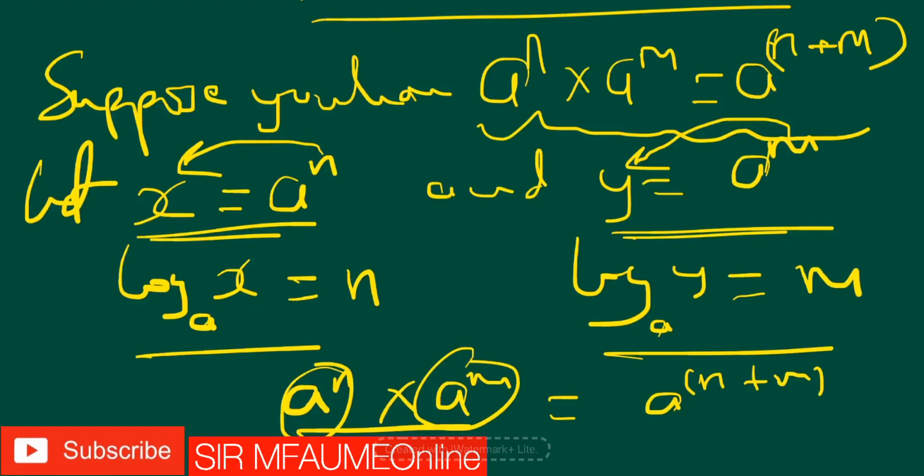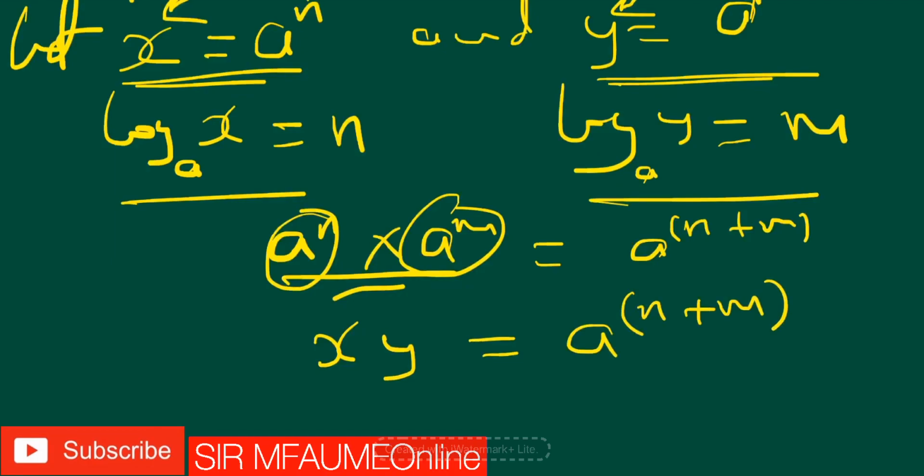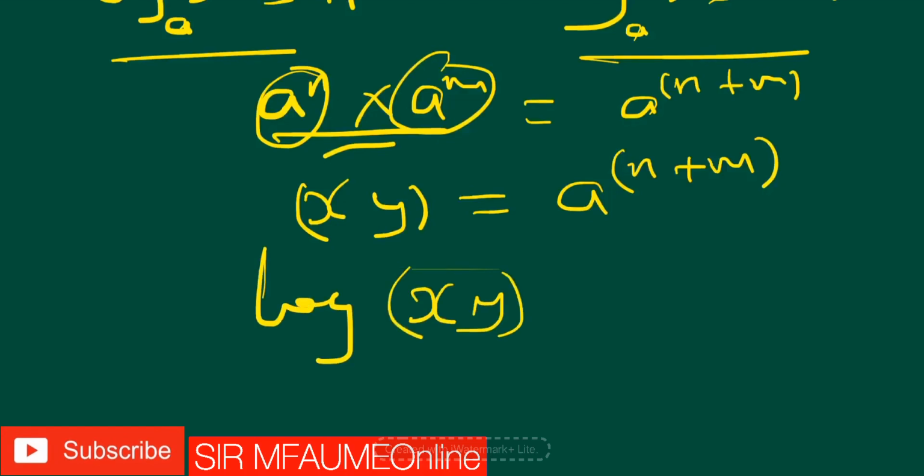So instead of writing this, you can write x times y is equal to a exponent n plus m. Because this is exponential form, you have to convert it into logarithm, and you will find that log xy base a will be equal to n plus m.